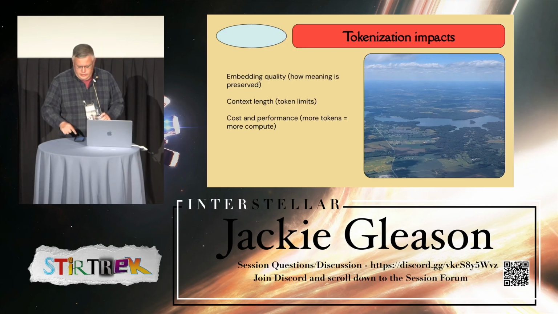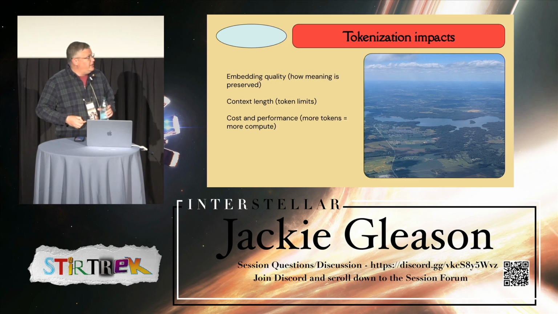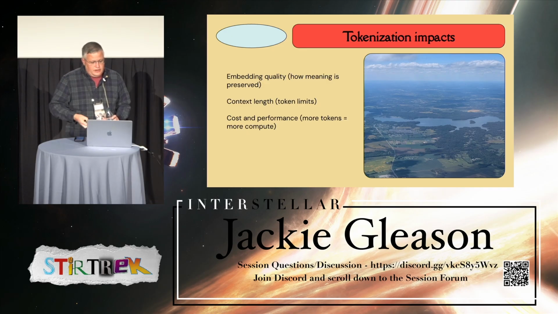All right, so the type of tokenization you do matters. Tokenization can impact how well the meaning is stored, because if you've made it too small, it might not be able to retain the context that's necessary. Like we talked about, context length is important.